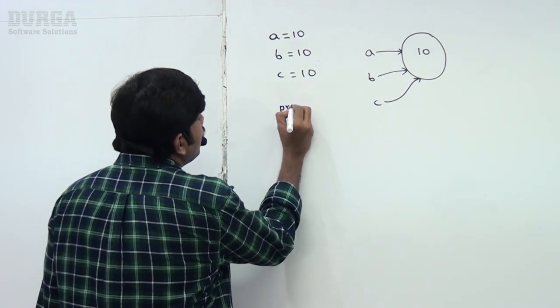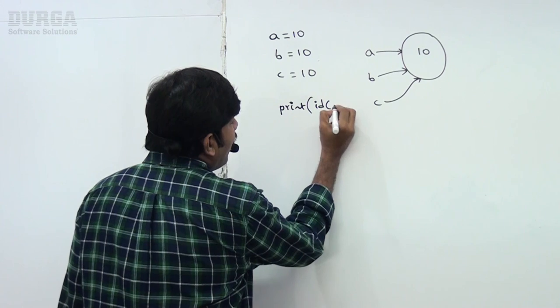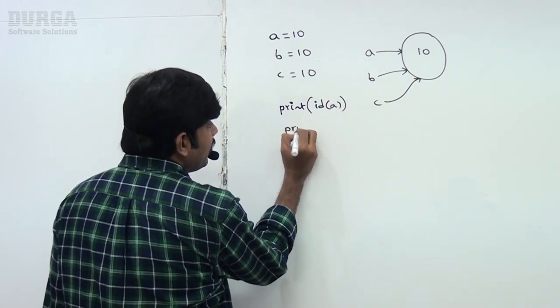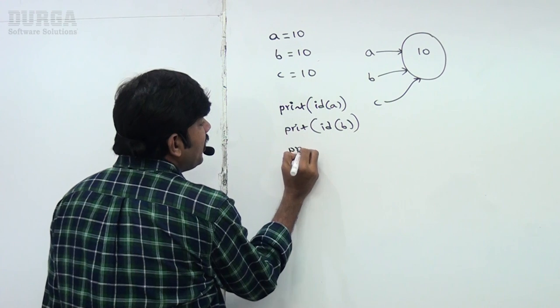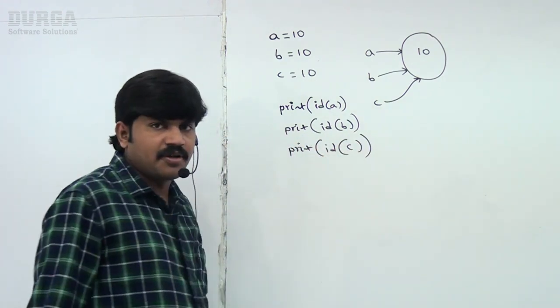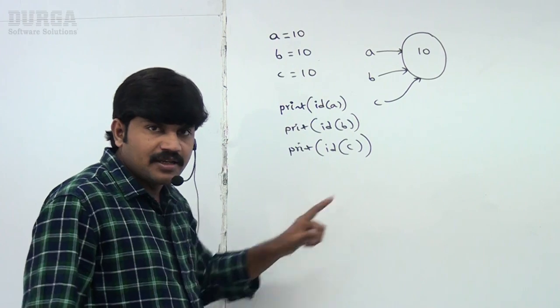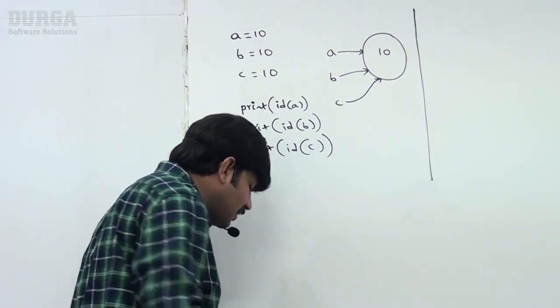Where is the proof for that? Very simple: print id of a, print id of b, print id of c. What answer are we going to get? Observe carefully.